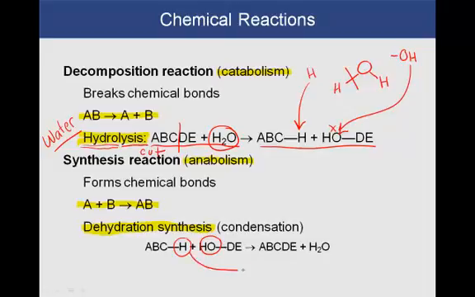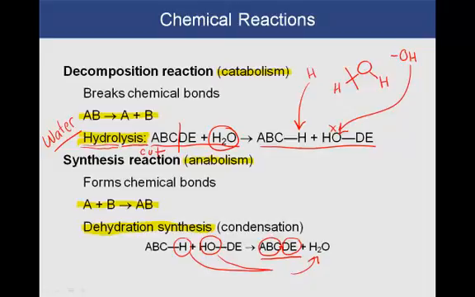Those two come off and form water. When those two are removed, a new covalent bond forms between the ABC portion of the molecule and the DE portion. So we have a new product, A, B, C, D, E.